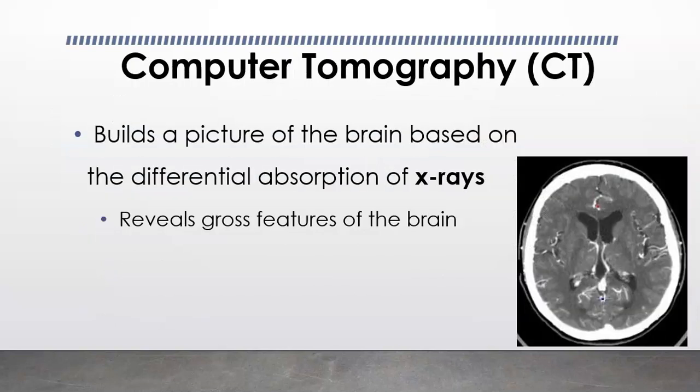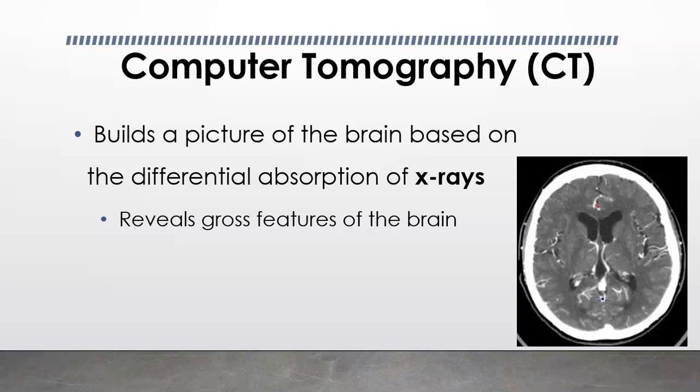So the first of the actual physical brain imaging, where we're actually looking at the brain itself, is going to be computer tomography, or a CT. You'll probably have heard of a CT scan if you've had to have one at the hospital, or if you watch medical dramas on TV, then they often send their patients for CT scans.